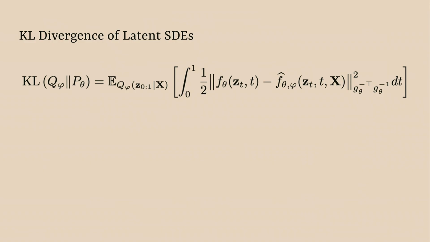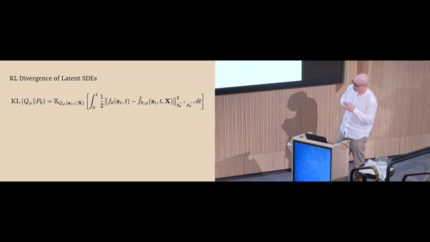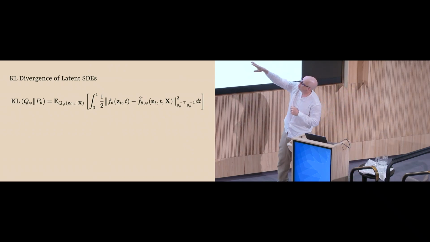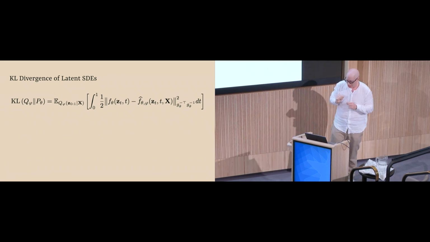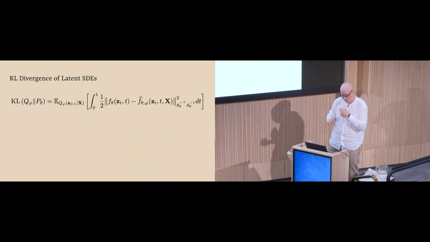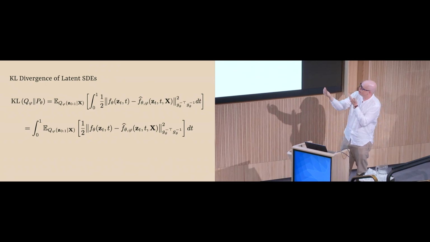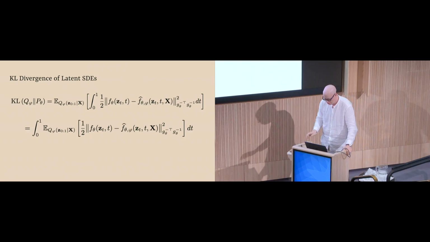I write down the KL divergence between Q and P. This is one of the problematic terms. It is an expectation with respect to the stochastic process Z, and then an integration over time, right? But it turns out we can actually switch the integration over time and the expectation over the stochastic process, because the trajectory doesn't change depending on the time.